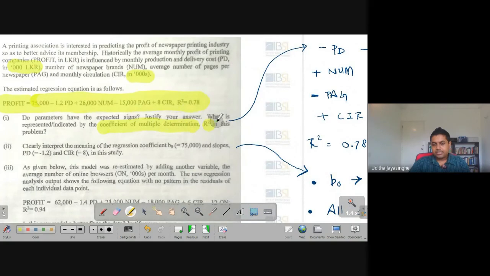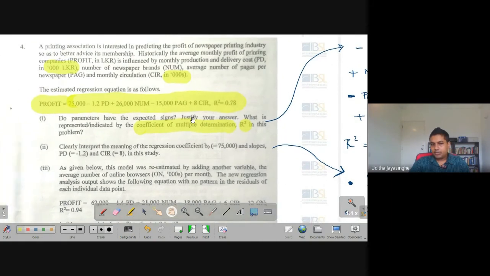In such instances, R square is named as coefficient of multiple determination. Sorry, I didn't mention it during the theory part. 78% of the movements of profit can be explained by these variables. So the rest, the 22%, what is going to happen? We can't explain it by the movements of these variables. That means there is an error term.